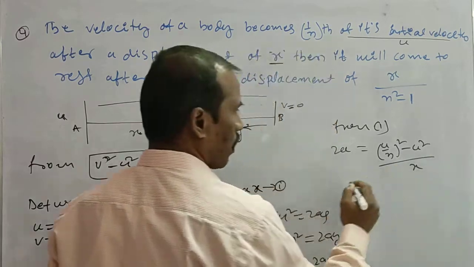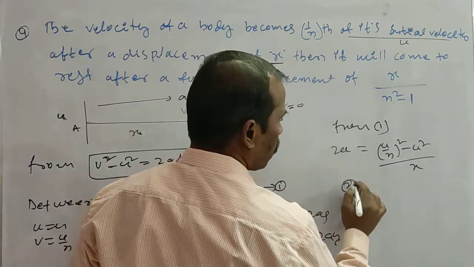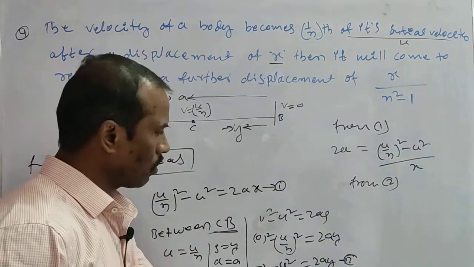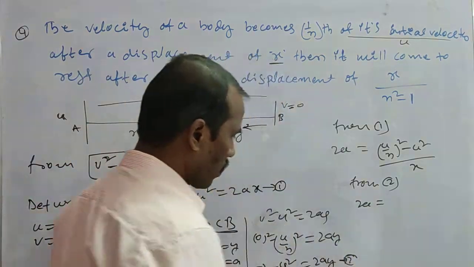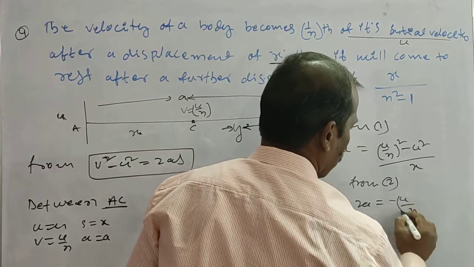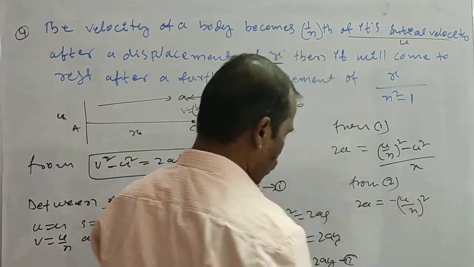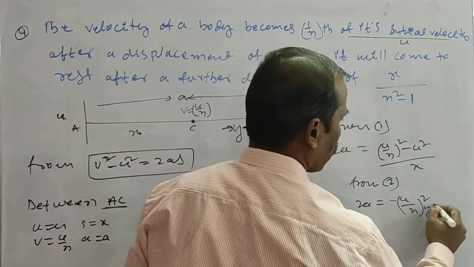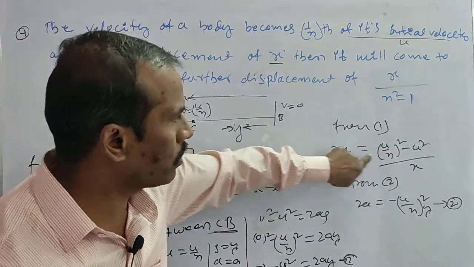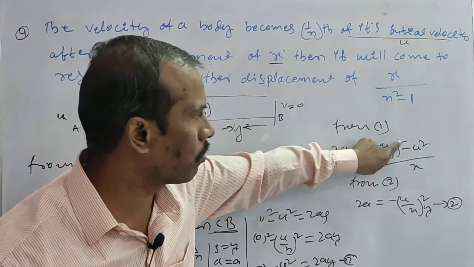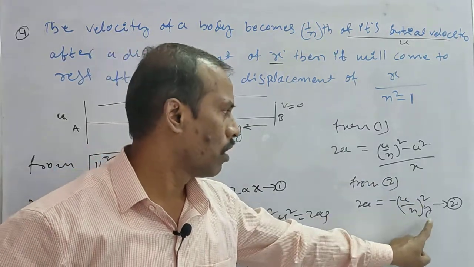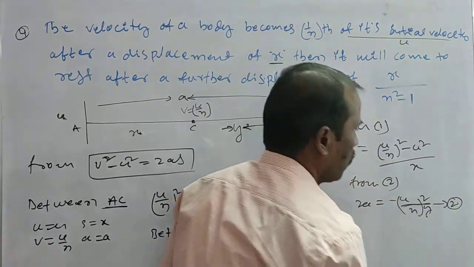From equation 2, 2a is equal to minus u squared by n squared y.